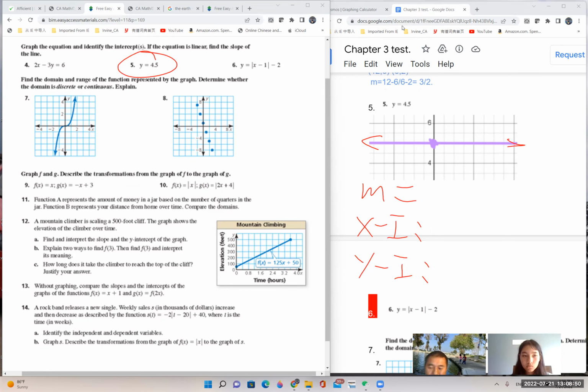Do you think you can answer? Y-intercept 4.5. Okay, I know actually you mean it's 0, x coordinate is 0, y coordinate is, yeah, I can take this as correct.